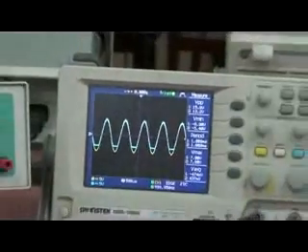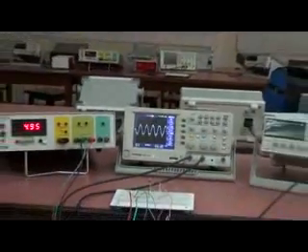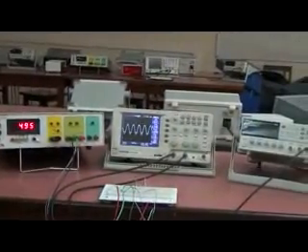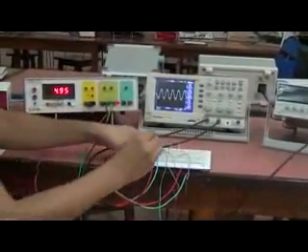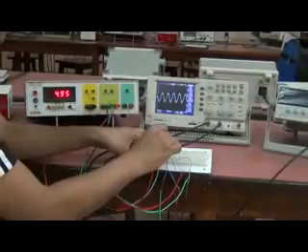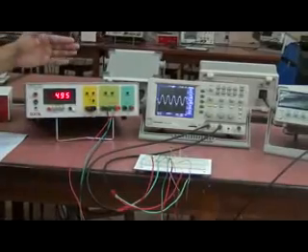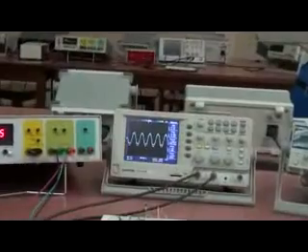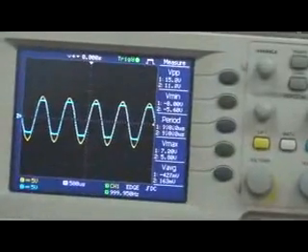Now we can have simultaneously positive and negative cycle clip by closing both the switches AD and A dash D dash. So we can see from the DSO waveform, we are able to observe that both the positive and the negative cycle are being clipped by this circuit.